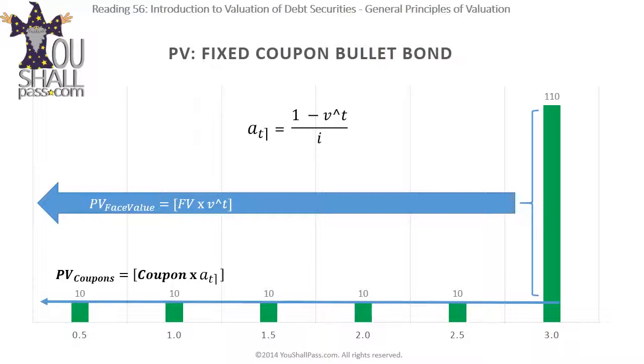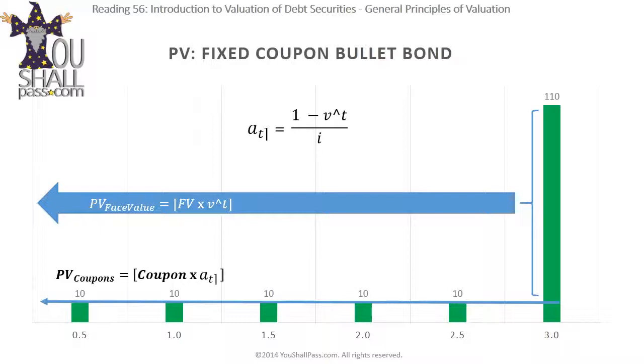And you need to discount the face value separate from the coupon. But sometimes in the heat of exam conditions, a common error is to take the entire last cash flow, coupon and face value and all, and discount them all back to present value, which can cause double counting to the extent of the present value of the last coupon, which properly you've already accounted for using the annuity present value formula.